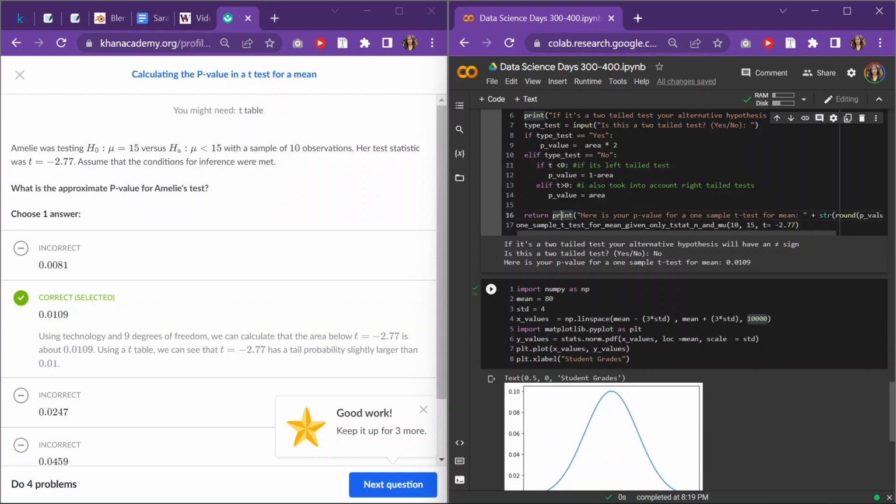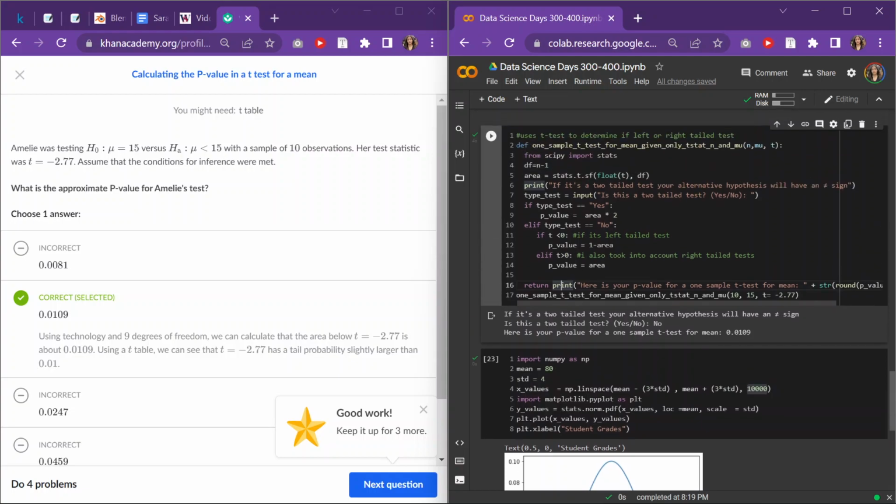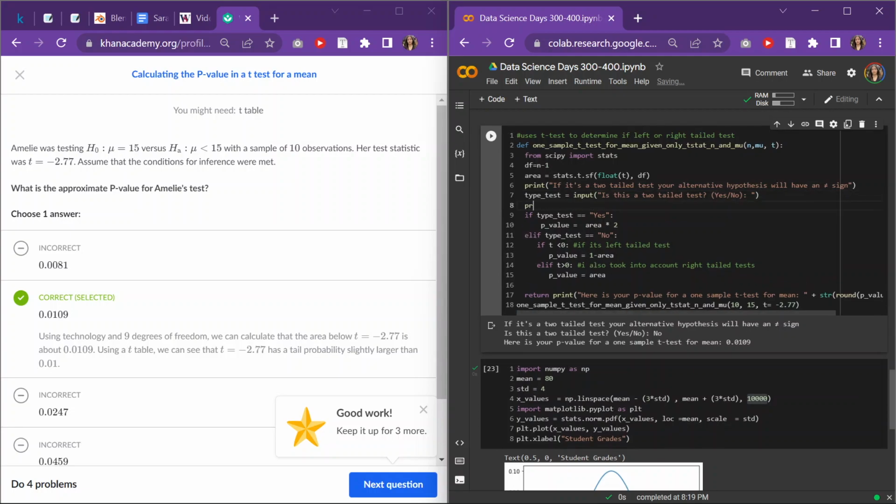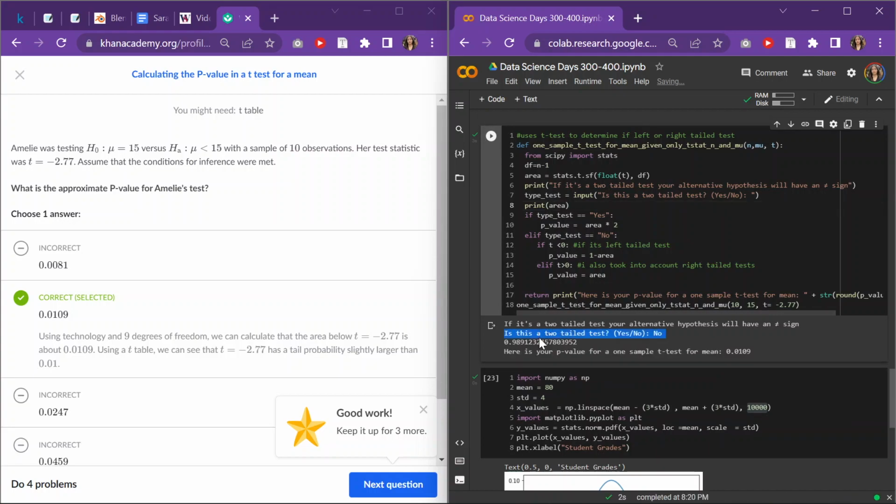It's 0.010. Right, because if I have 0, what's the area? Let me return the area also. I want to be able to return the area over here. So print area. That's the area, right?